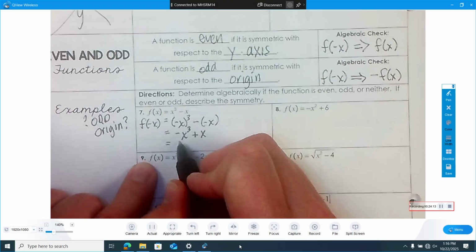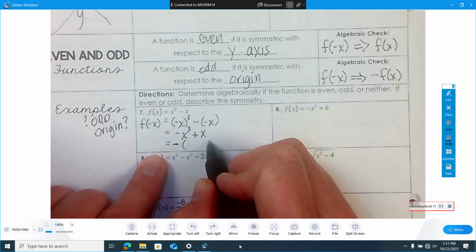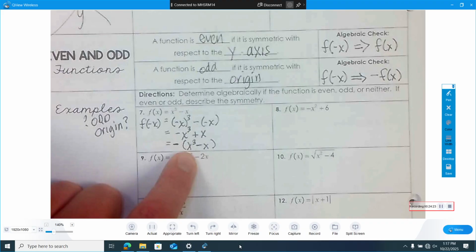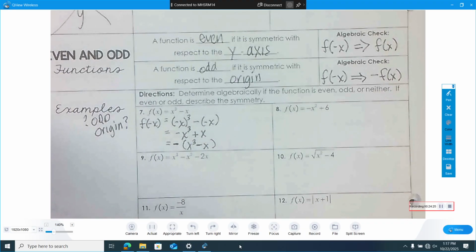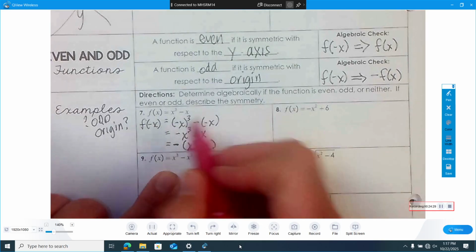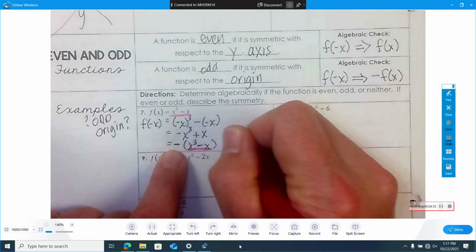And then you'll notice what I can do here. I can actually factor out a negative. If I take out the negative, what's left behind? x cubed minus x. Do you see how I took out the negative? Okay, and so there's the x cubed minus x. That's what we started with, but there's a negative out in front.